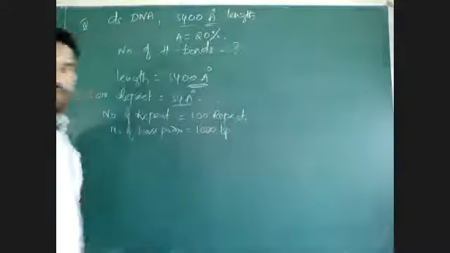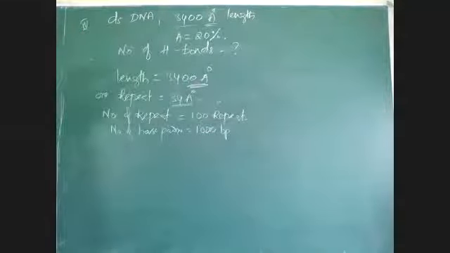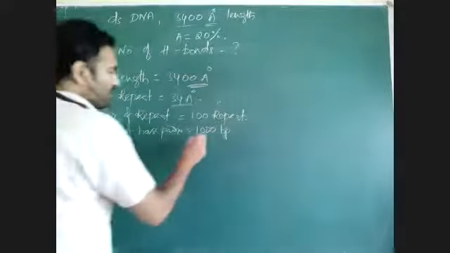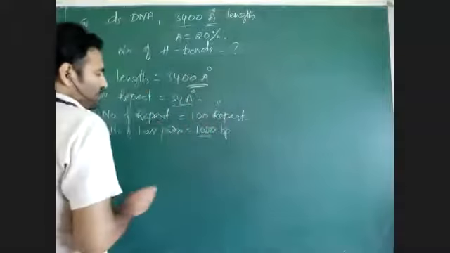Up to here everyone told me the correct answer. 2 hydrogen bonds between A and T, 3 hydrogen bonds between G and C. Yes. Here number of base pairs is equal to 1000 base pairs.